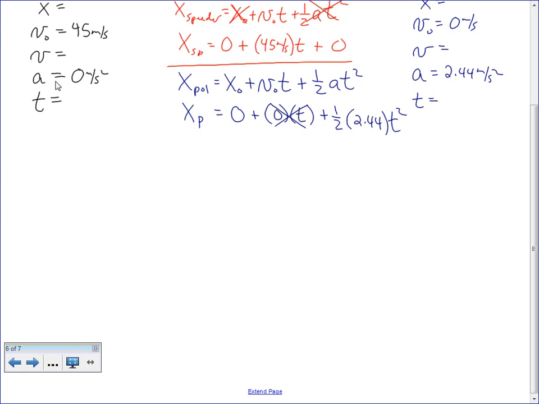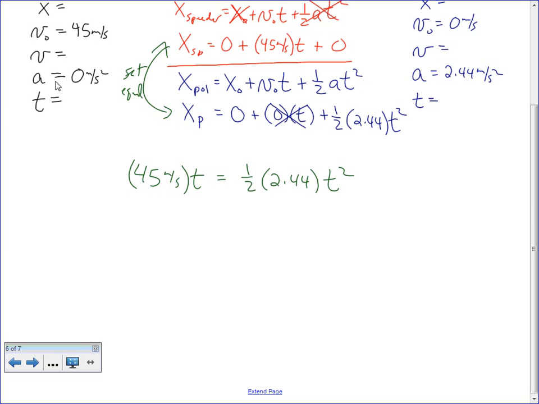So we said that the speeder is caught by the police car when they're at the same position. So I set these two things equal to each other. So I have 45 meters per second times t, that's the position of the speeder, equals 1/2 times 2.44 times t squared.